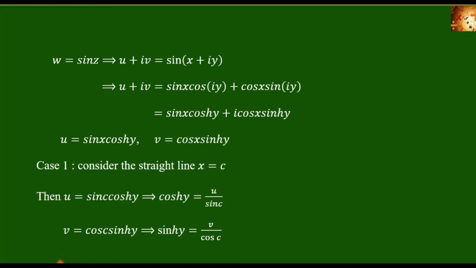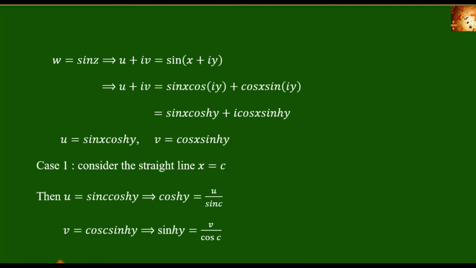First of all, considering the straight line x equal to c. When we take x equal to c, our u and v become u equal to sin c cosh y and v equal to cos c sinh y. Next, we are moving to eliminate the variable y.